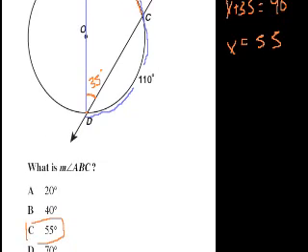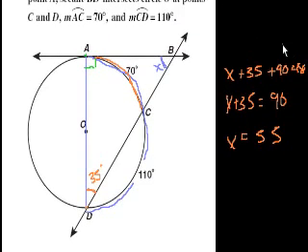Now there's another way you can do this, and this is another interesting thing about lines that intersect circles. This angle measure right here, if it's sitting outside of the circle, and I think there might be ones where it's sitting inside the circle later on, but if it's sitting outside of the circle, it's equal to 1/2 the difference of the arc measures that it intersects.